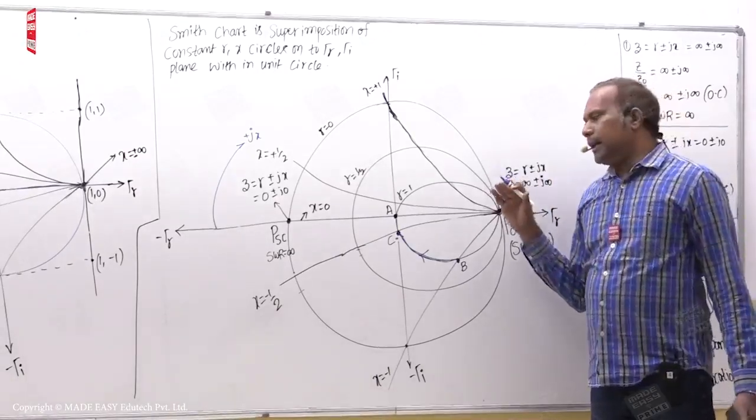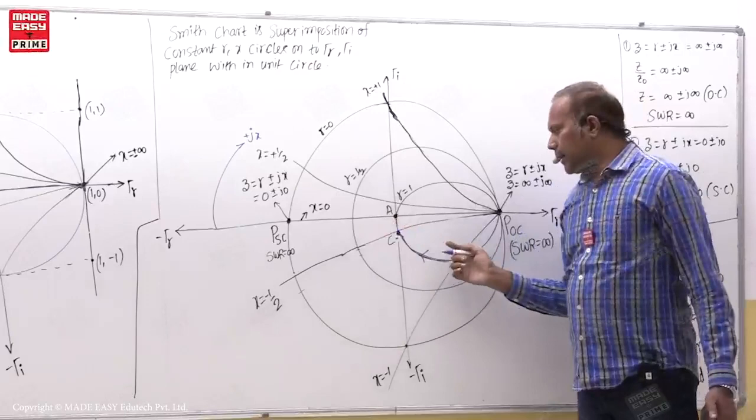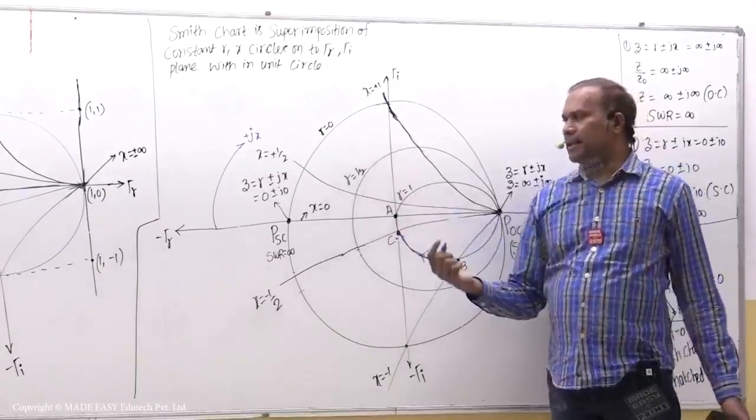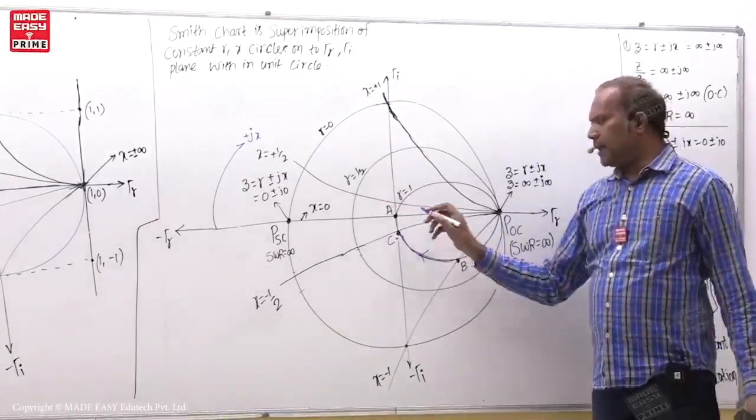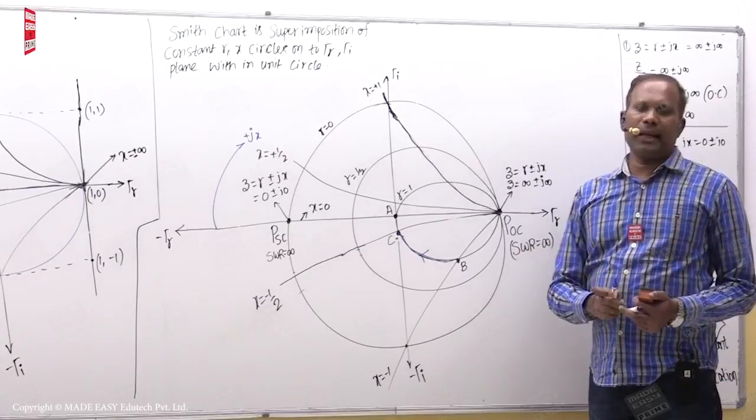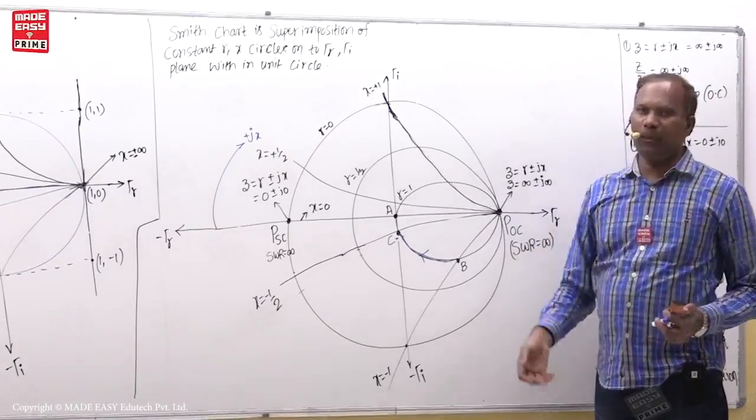Going like this means plus jx, and positive reactance is for an inductor, so you are increasing the inductance, on the constant R circle. Resistance and inductance are series parameters, which is why you say in series with the impedance.